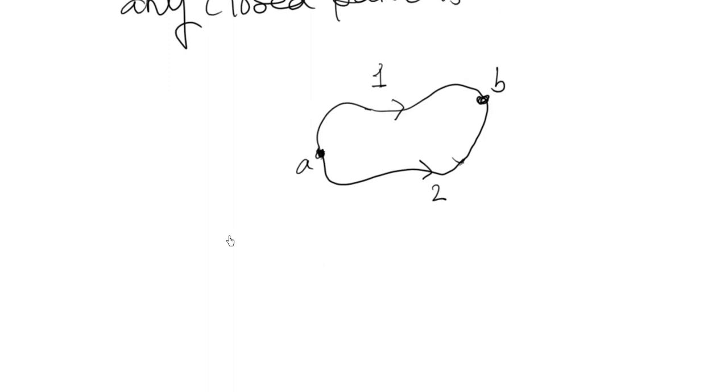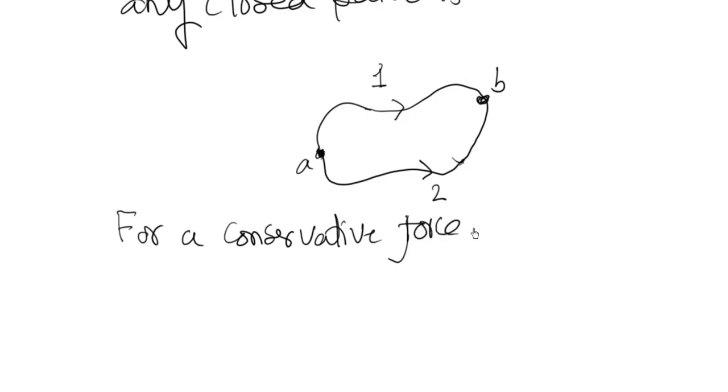Then for a conservative force, work done from A to B along path 1 must be equal to work done from A to B along path 2, where the subscripts AB indicate the initial and final points respectively, and the subscripts 1 and 2 indicate the path.